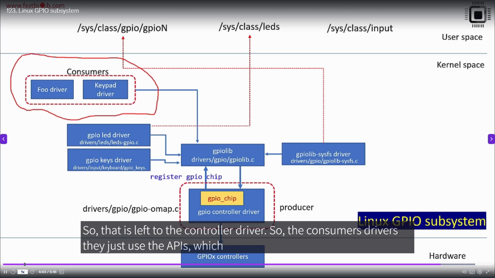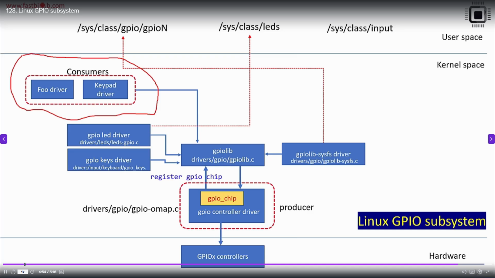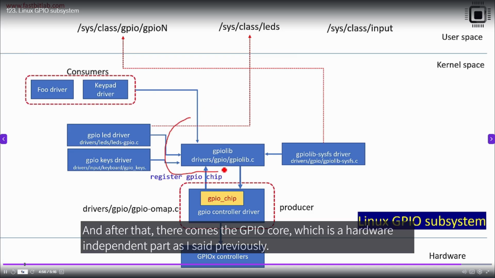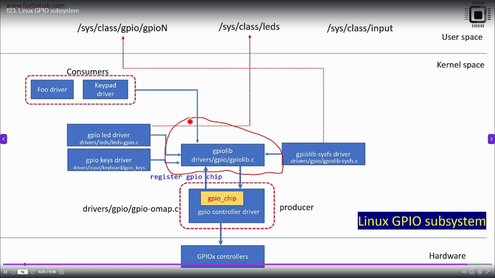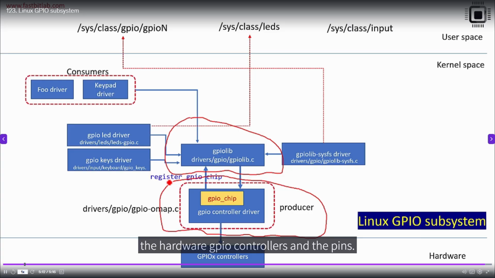The consumer drivers just use the APIs or functions exposed by the Linux GPIO core or framework. After that comes the GPIO core, which is a hardware independent part, as I said previously. And after that, the GPIO producer. Actually, it's the GPIO controller driver, which knows how to handle the hardware GPIO controllers and the pins.